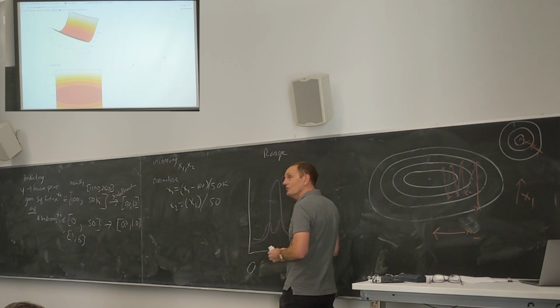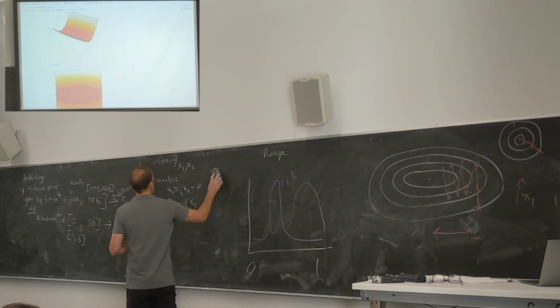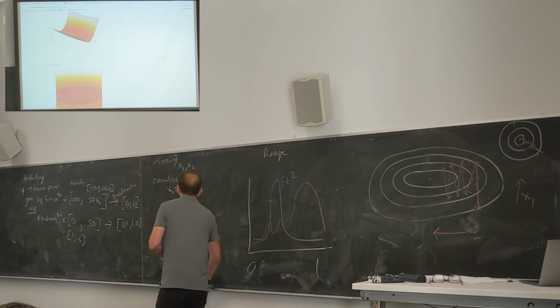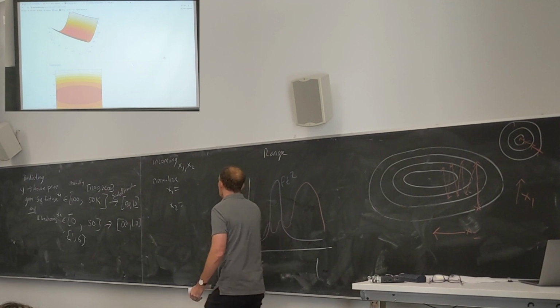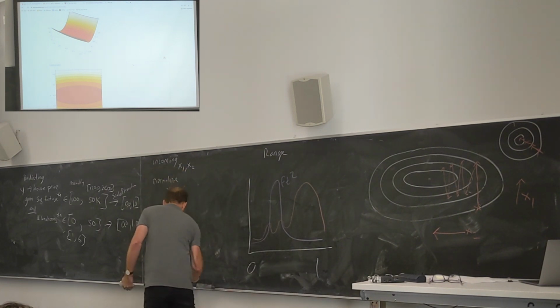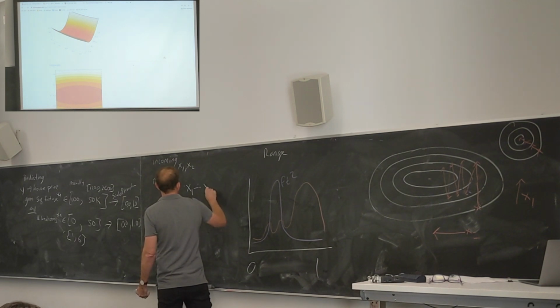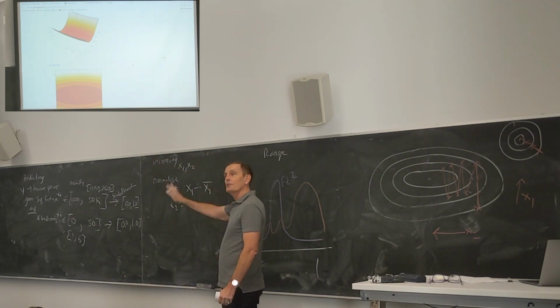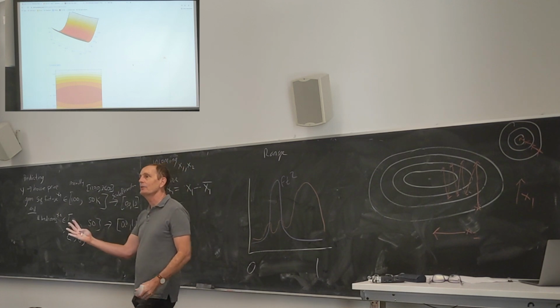So the normalization that's normally done is we subtract the mean, where x1 bar is just the mean across all of the x's in the training data set. Now we have 2 mean values.